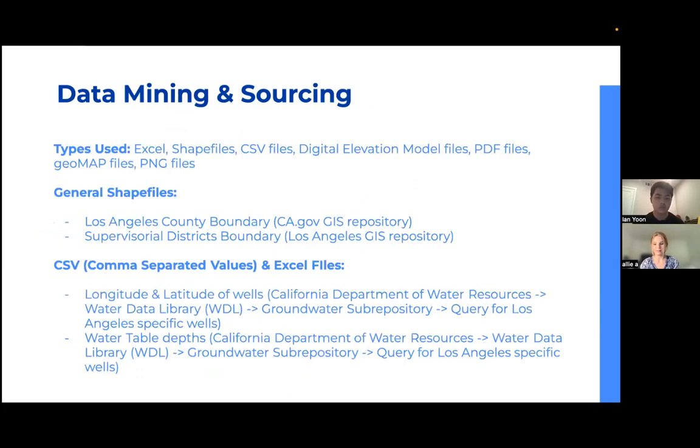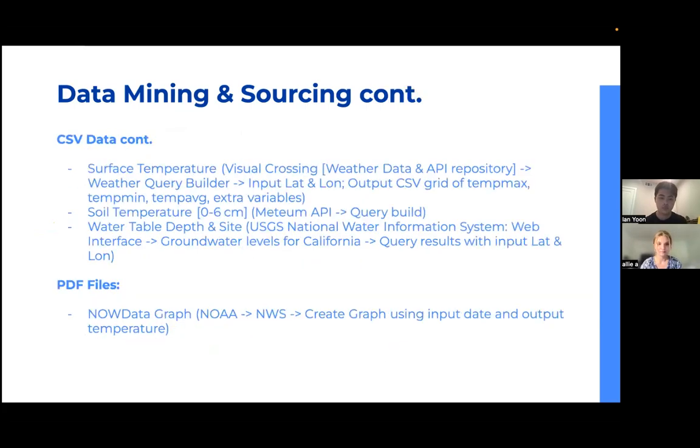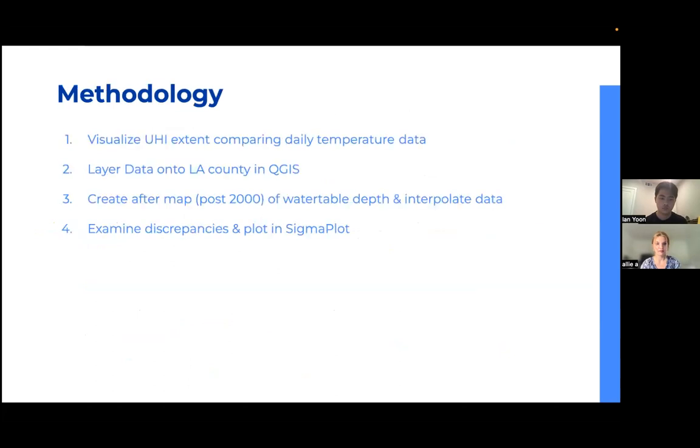As for our data mining and sourcing, we used various shapefiles, CSV files, and Excel files sourced from many groundwater repositories and subrepositories. As for our methodology, first we visualized urban heat island extent comparing daily temperature data.